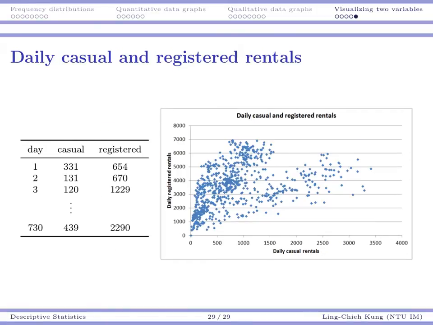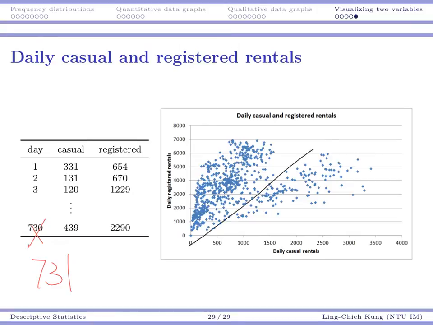Similarly, you may want to depict all the daily rentals in your scatter plot. This should be 731 points. And once you do that, you will see the graph is a little bit messy at the beginning, because there are many points there. And also you seem to see two different subgroups.